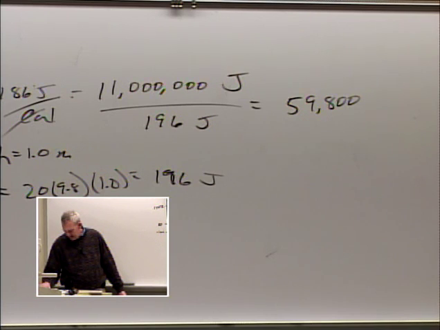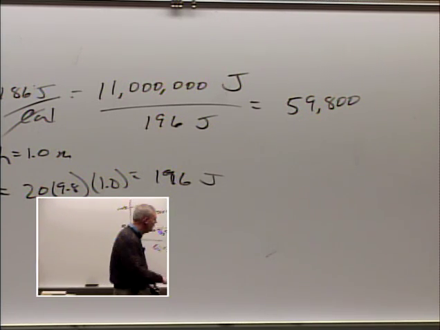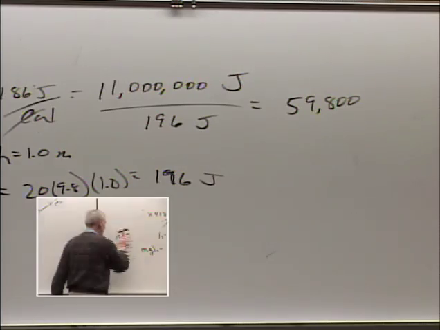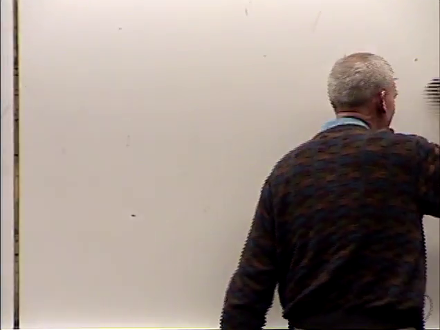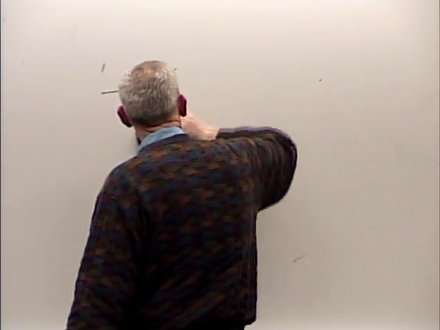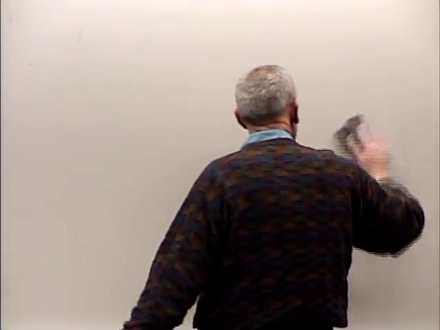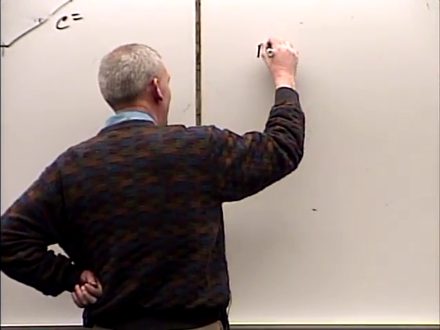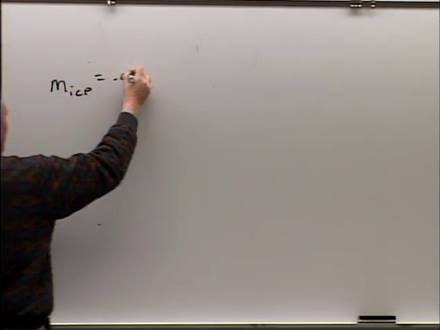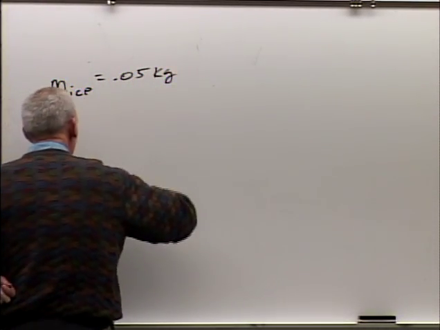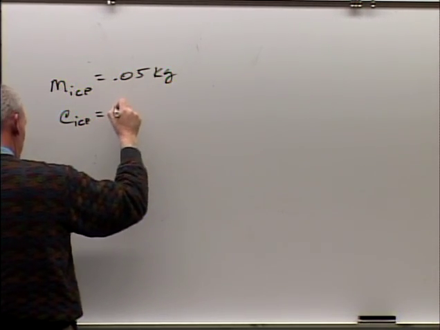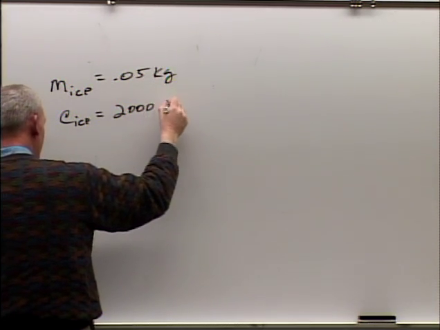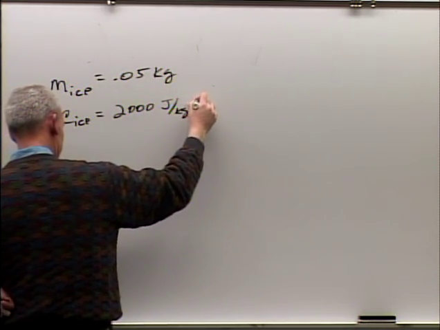All right, something like this. If I take a 0.05 kilogram piece of ice, so here's what we're going to do. We're finding the equilibrium temperature of three things brought into contact. I'm going to take some ice, which is 0.05 kilograms, and the specific heat of ice is equal to 2,000 joules per kilogram degree centigrade.